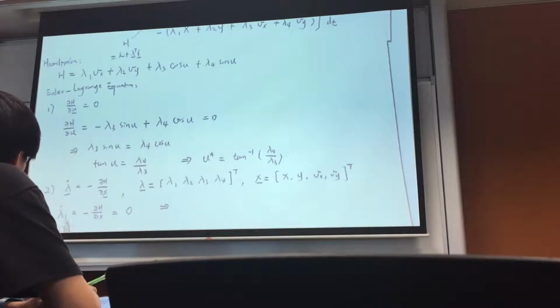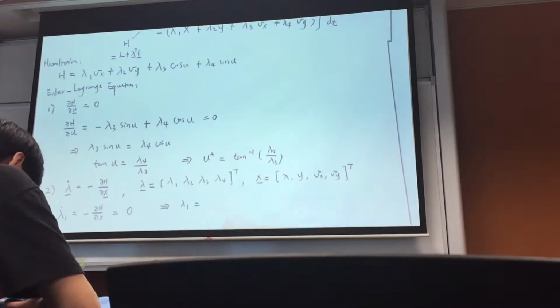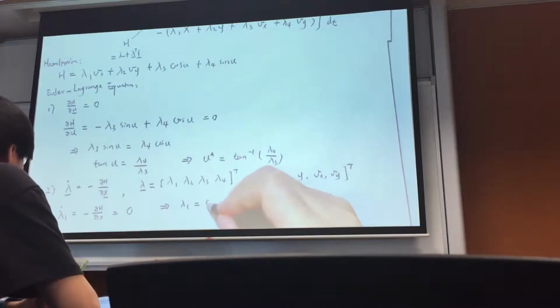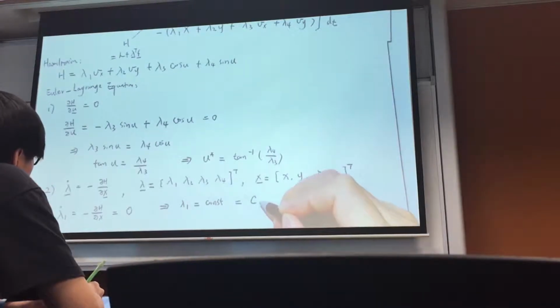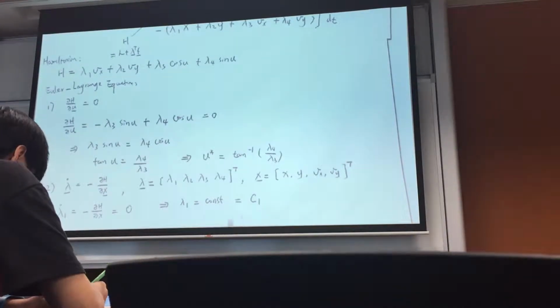If the derivative of a function equals 0, that means this lambda 1 is actually a constant. So assume we have this constant to be C1.